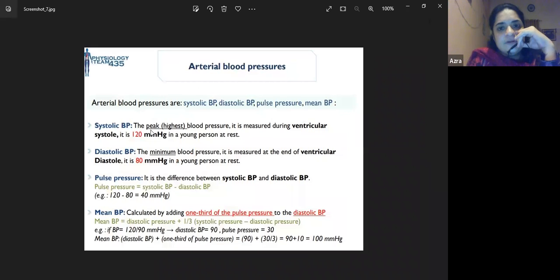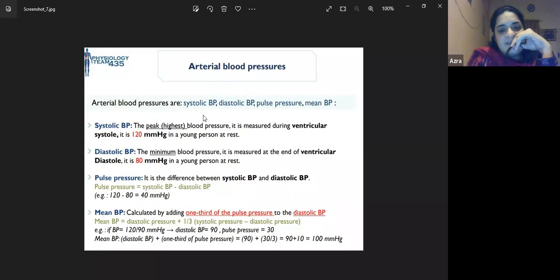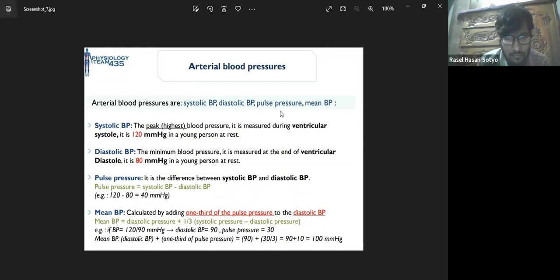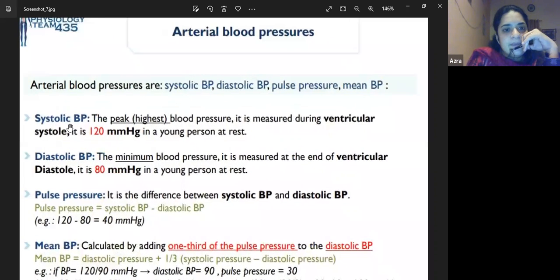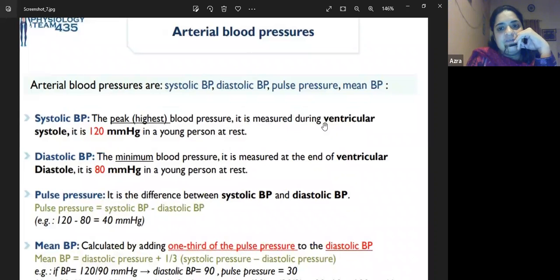Now come to arterial blood pressure. This includes systolic BP, diastolic BP, pulse pressure, and mean BP. So what is the systolic BP?